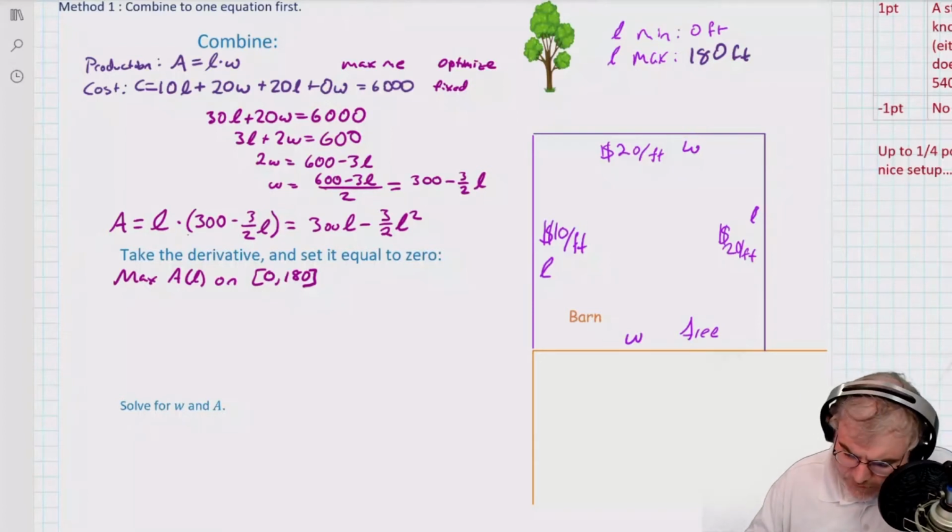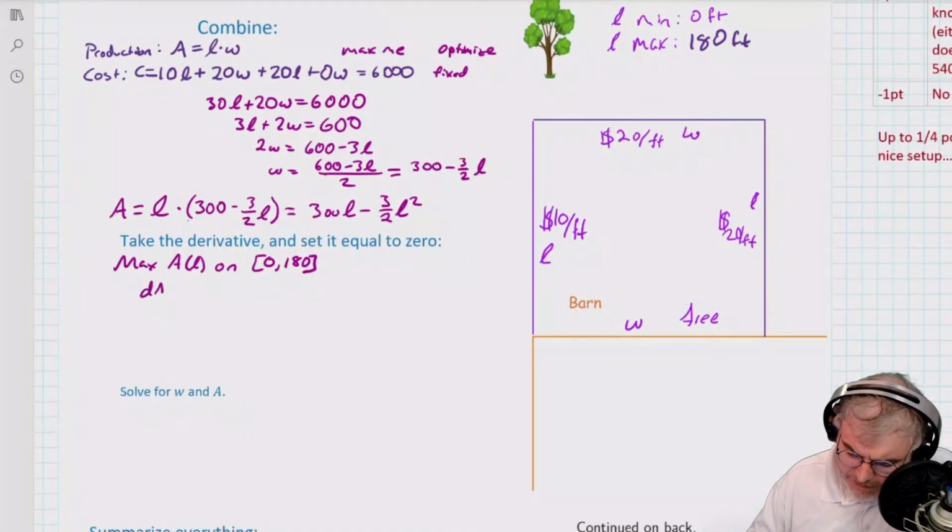Okay, so I've got dA over dL equals 300 minus 3L, right? The 2's cancel, and I get this equation. And I'm going to set it equal to 0.